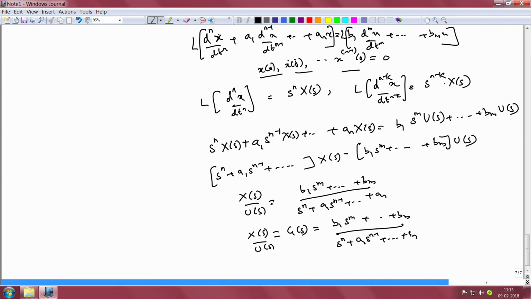Before we uncover the other properties of the transfer functions, let me just define the notion of poles and zeros which emerge from this particular equation.